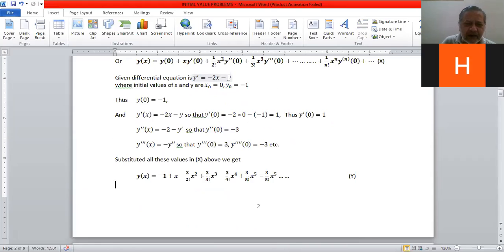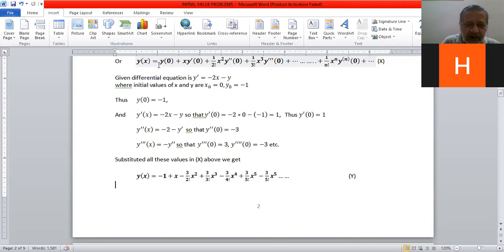Now, this again is a differential equation which is classified as a linear equation, in which we have to find the particular integral, but we are not going into the development of analytical solution. Rather, we just consider the initial condition and start developing this expansion using the value of y at 0, using the derivative value of y at 0, using then second derivative of y at 0, and so on.